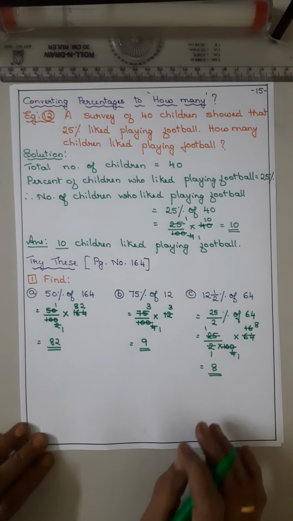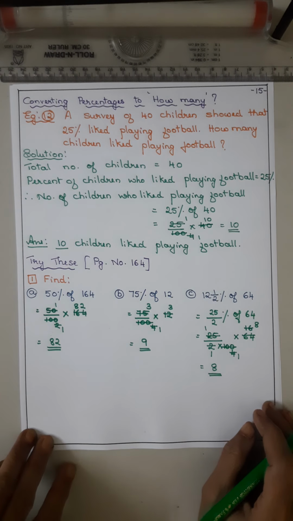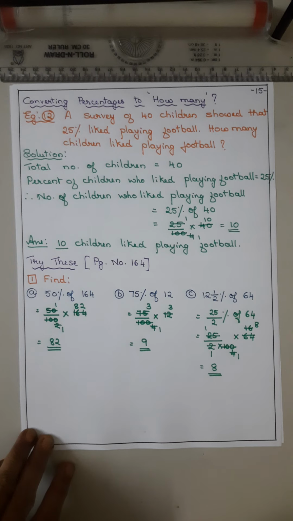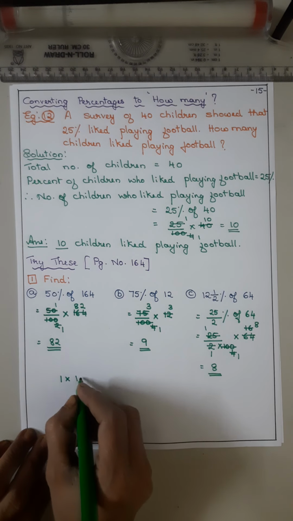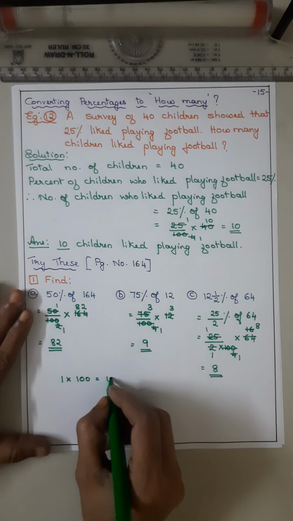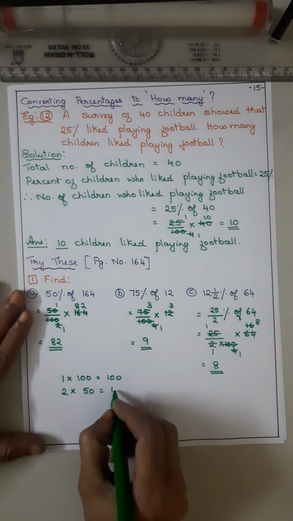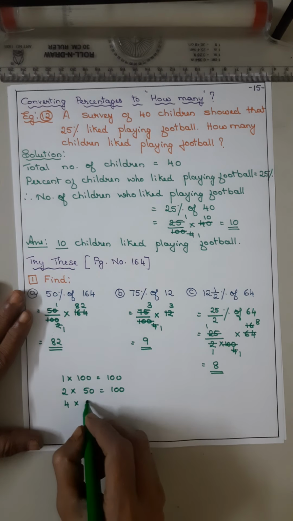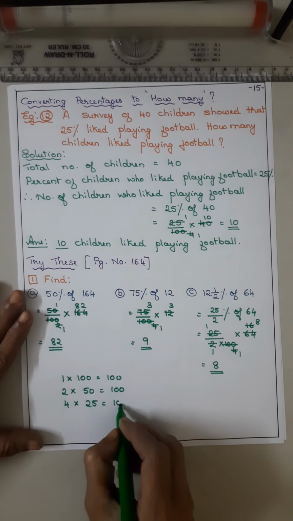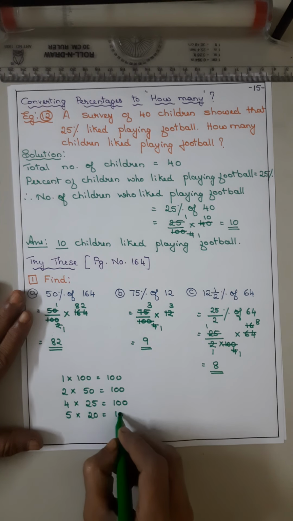Okay. Now in percentage, there are some numbers you should remember. To get 100, it is 1 into 100 is 100. 2 into 50 is 100. 3, it won't come. 4 25s are 100. 5 20s are 100.